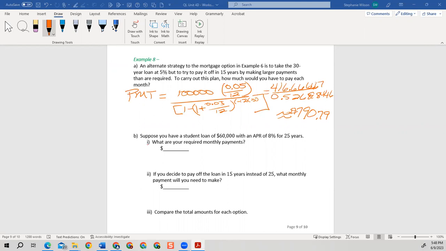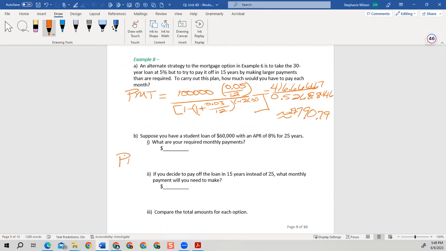So B says, suppose you have a student loan of $60,000 with an APR of 8% for 25 years. What are your required monthly payments here? So we're going to use the same formula. We're trying to figure out our monthly payments.